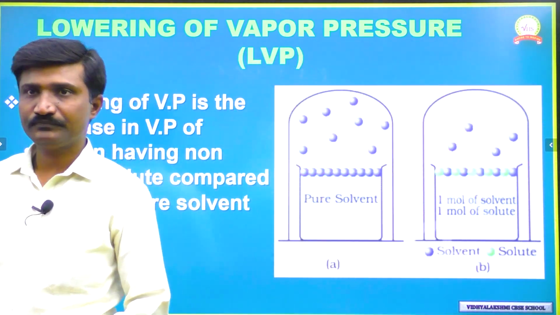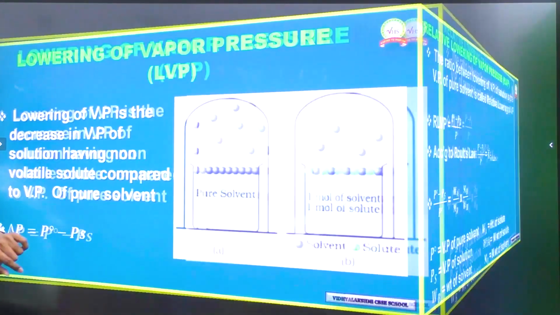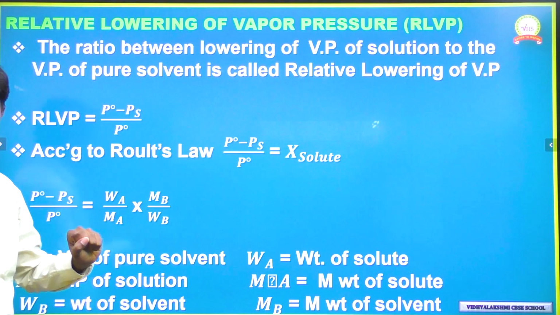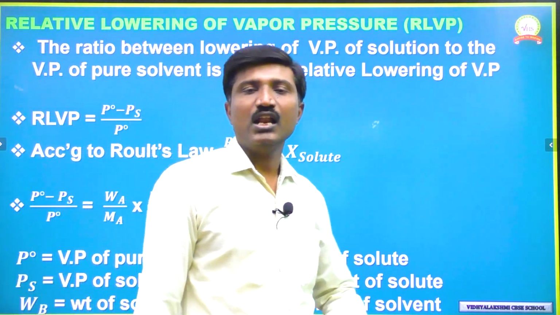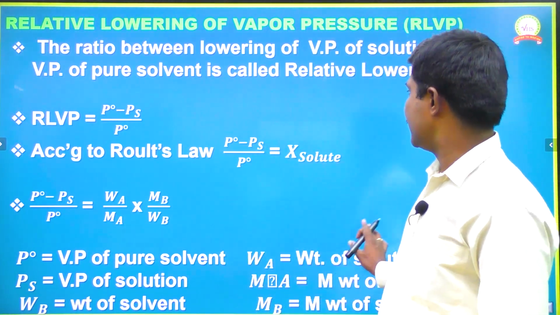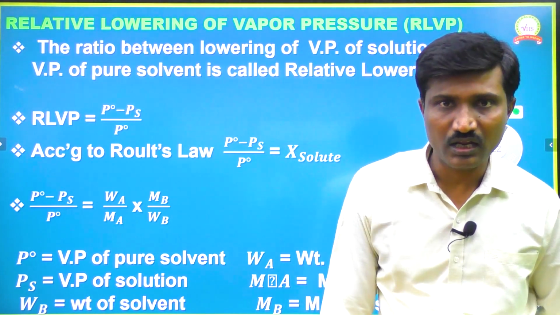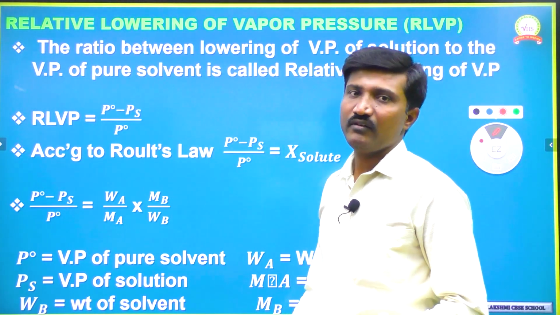Now let us see what is related to lowering of vapor pressure. If we take the ratio between lowering of vapor pressure and the vapor pressure of pure solvent, then that ratio is called relative lowering of vapor pressure.